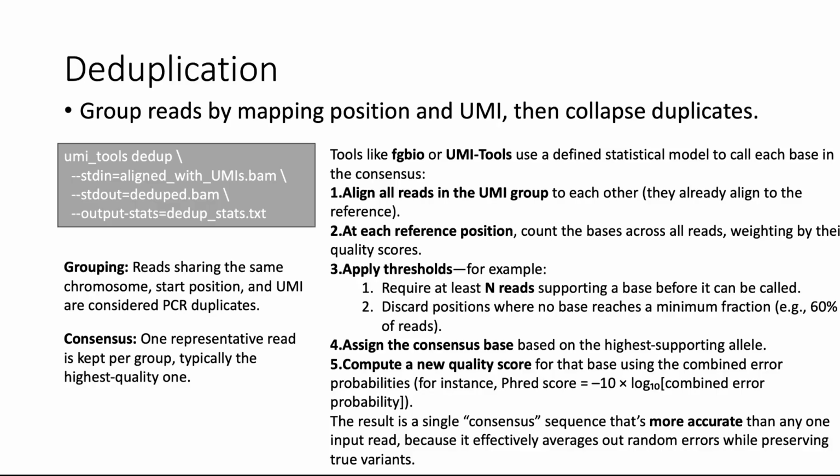We have different tools to make it possible, like fgbio or UMI-tools, and they will align all reads in the UMI group to each other, so they are connected by the UMI adapters, and at each reference position it will count bases across all reads, weighting by quality scores, so we're able to understand which reads are more precise.